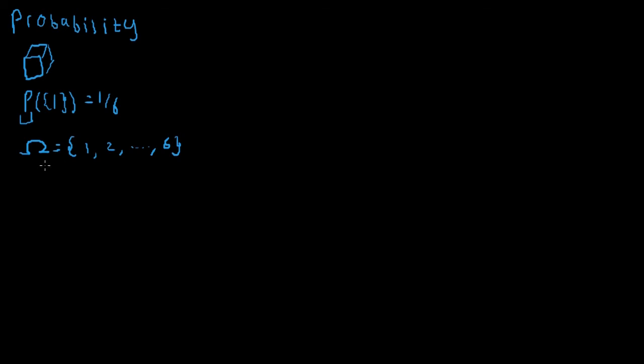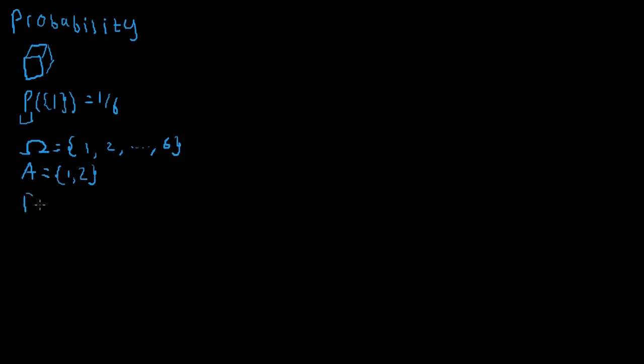This omega is called the sample space. The elements of it are called outcomes, and subsets of it, like if I said let A be 1 or 2, are called events.